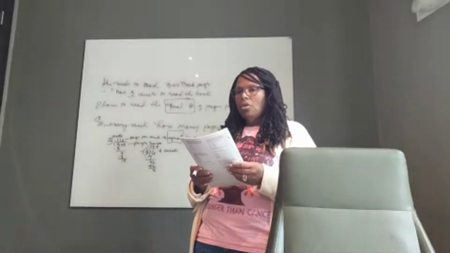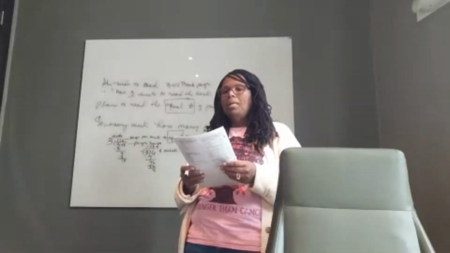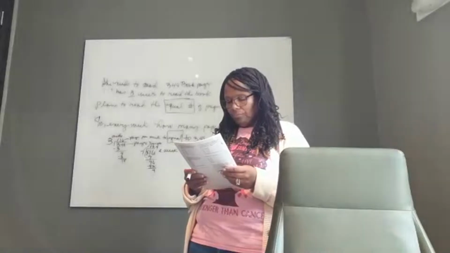Split. So split would be division? Exactly. You got it. Because of that word, split. I wrote it on here big. Split. Yes, and I had to emphasize it too, but you got it.